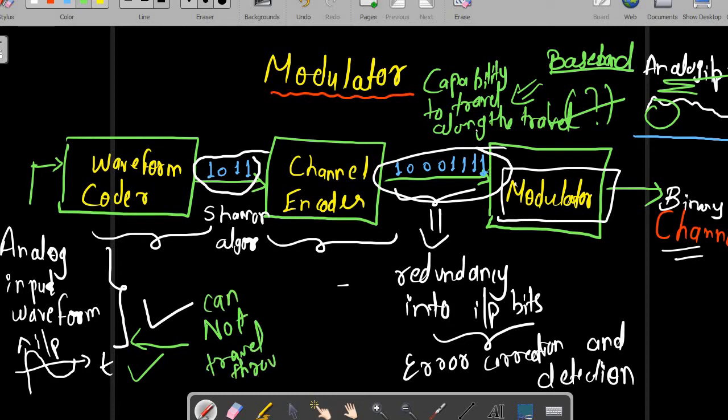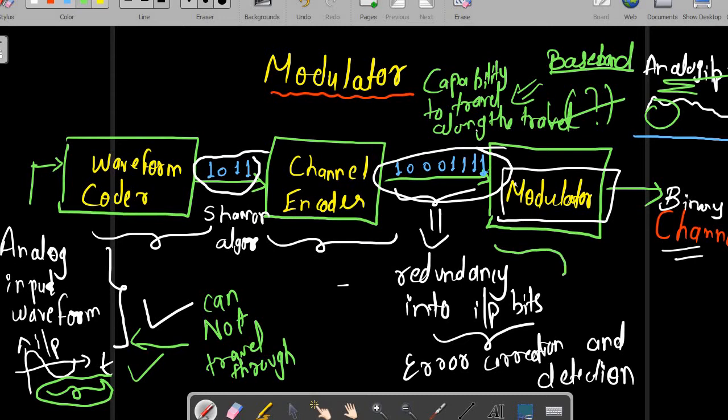It will vanish because it has low power. Of course, if the source generating this were capable of traveling along the channel, we would not need this. But fortunately, in most cases we have to do the waveform coder, then channel encoding, and then the modulator.